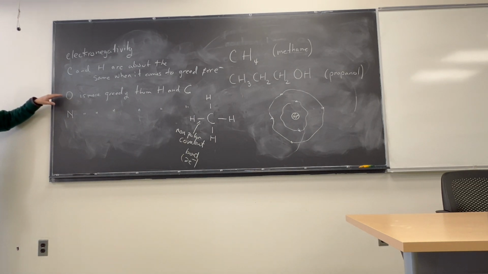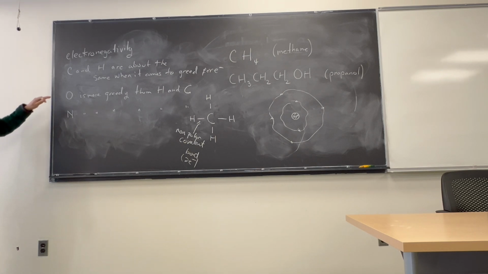Now, we're not going to compare oxygen and nitrogen too much because we don't need to, but there is a difference between the two. One is a little bit more greedy than the other. Now, with these four elements, carbon, hydrogen, oxygen, and nitrogen, we can form a lot of molecules that are going to have biological importance, and you're going to see them very soon.